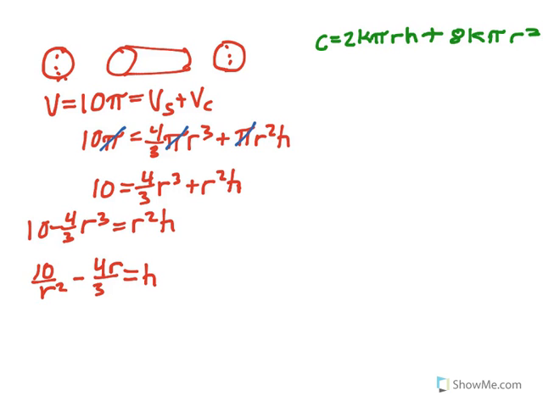Okay, so we've recopied the cost equation here, and now we need to take this equation for h and look for the h's in the cost equation. There's only one of them. It occurs right there.